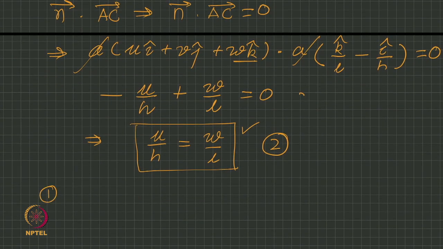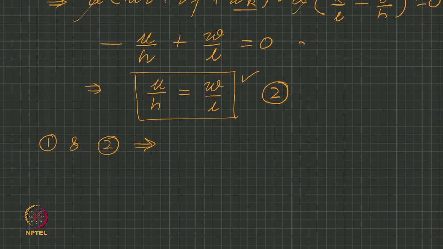So, from 1 and 2 you can write u by h is equal to v by k is equal to w by L. And since these are equal ratios, let us say that this equal ratio is something. Nice to use some fashionable Greek letter, lambda, say.